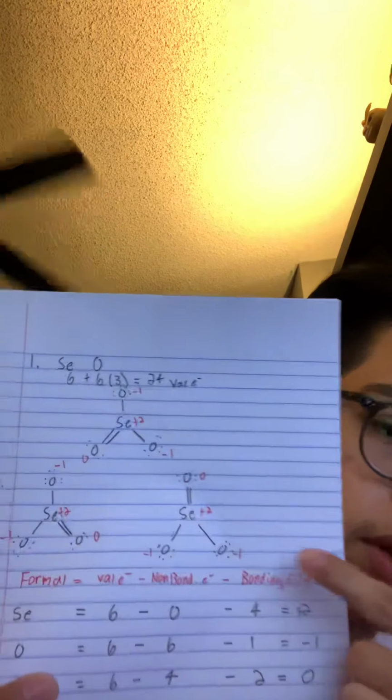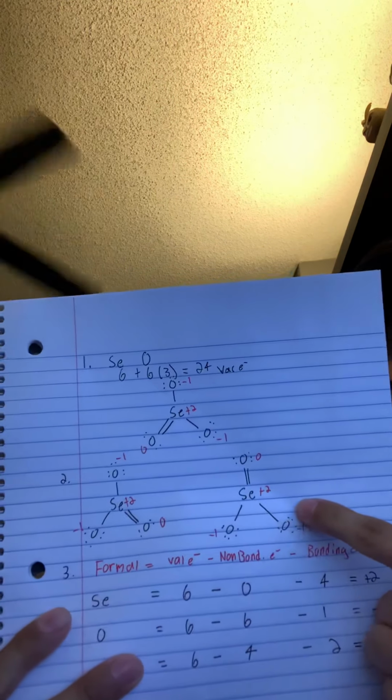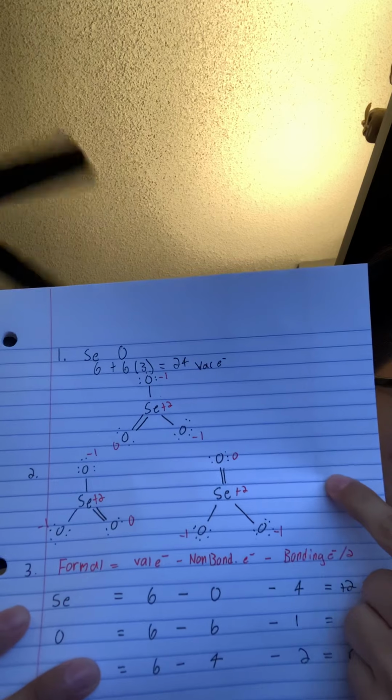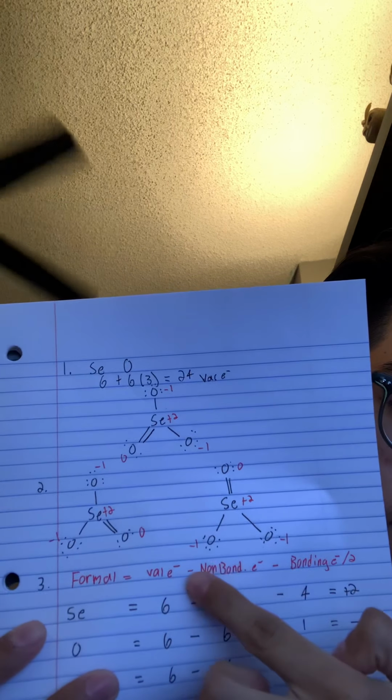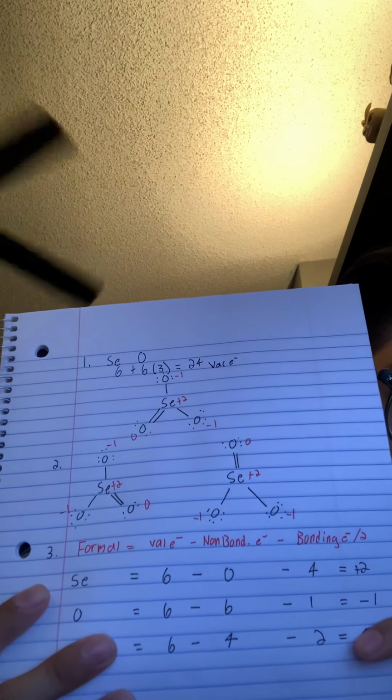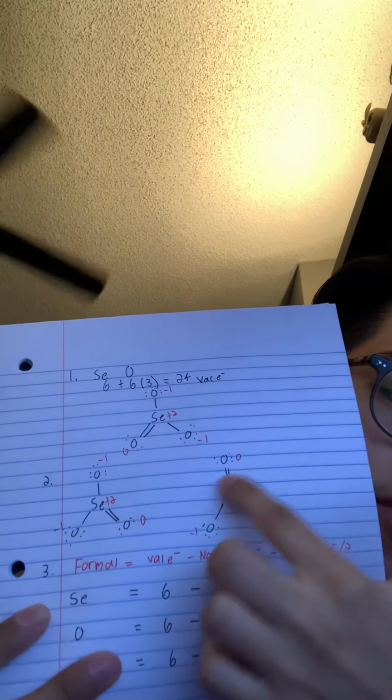Okay, if you look right here, I wrote in the formal charges in all resonance structures, so you can see them all where they go. They're the same, they just shift over.